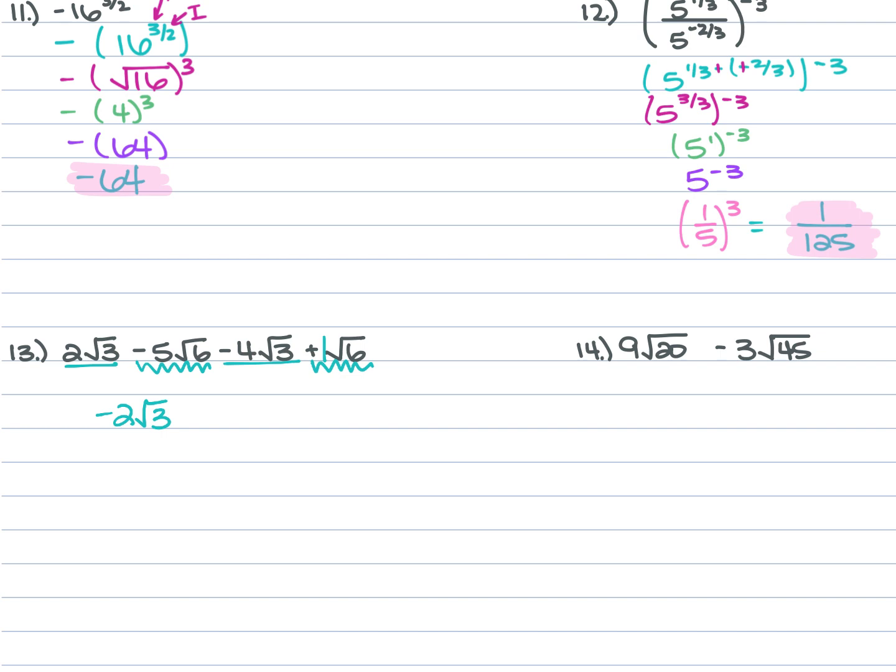And then that negative 5 square root 6 plus 1 square root 6 gives us negative 4 square root 6. If you had to simplify those radicals, you would do so as well. You cannot simplify the square root of 3, nor can you simplify the square root of 6, so that's why it's left with those radicals.